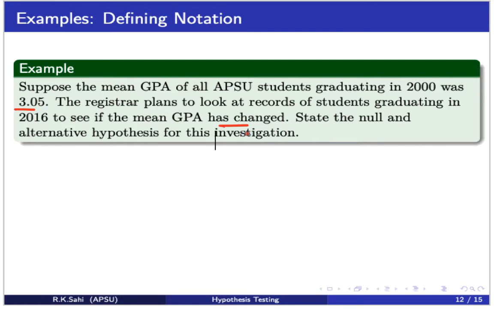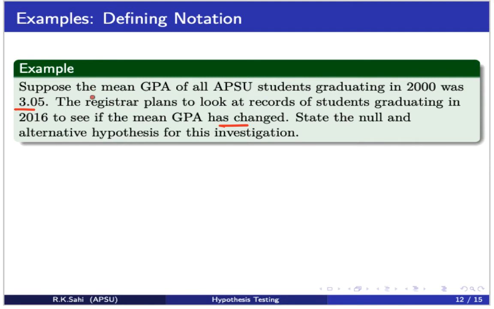Whenever you're reading a problem, as you read, underline the main things. Now remember, these are problems related to hypotheses. That means you need to know what is the parameter. And once you know the parameter, you can figure out what kind of information is given. Is it the alternative or the null? So as you read, make sure you underline those specific words which are the triggers for us.